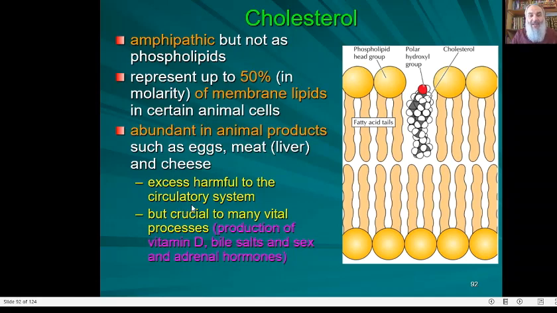However, a diet with 0% cholesterol is not healthy at all, because cholesterol is indispensable for the production of vitamin D. Cholesterol is a precursor of vitamin D. Cholesterol is a precursor of bile salts. Cholesterol is a precursor of the adrenal hormones, the hormones that are secreted by the adrenal glands on top of the kidneys.